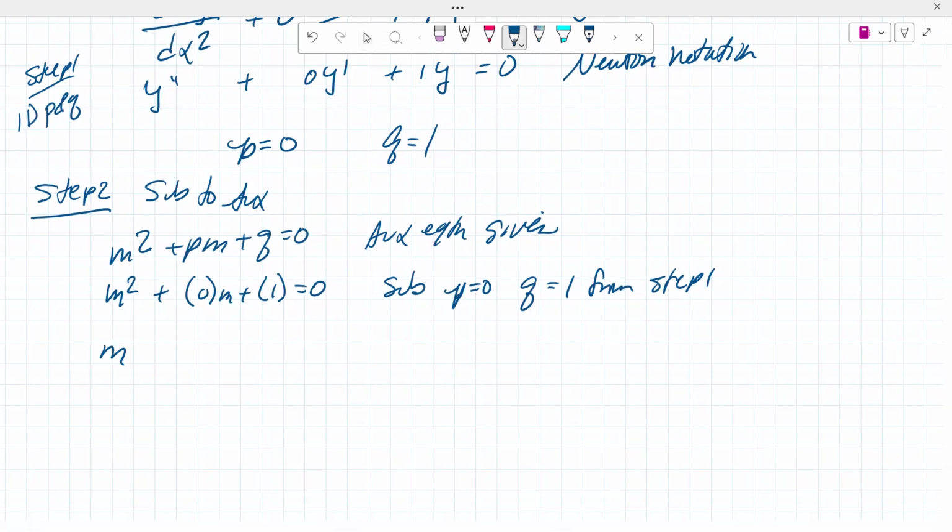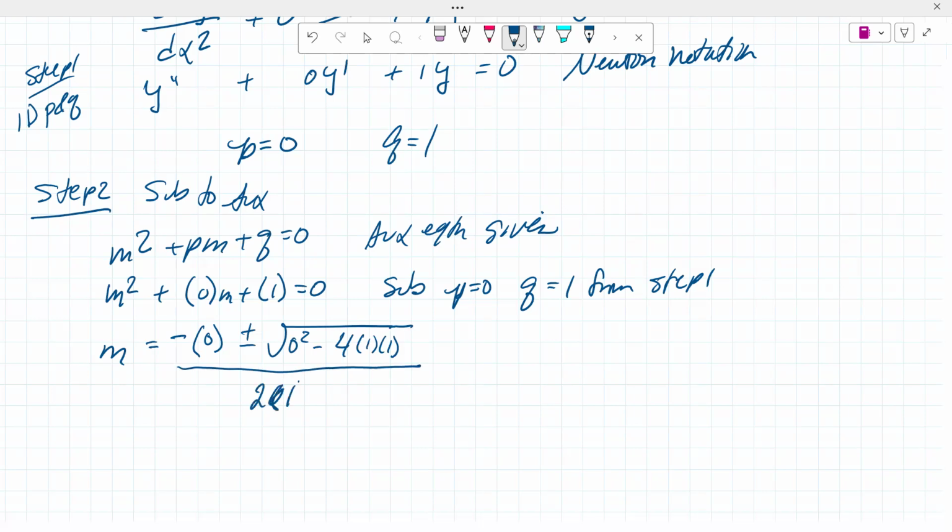Great. Next, we're going to put this into the quadratic formula. M equals negative b plus or minus square root of b squared, 0 squared, minus 4 times 1 times 1. The discriminant is going to be negative. This is how we recognize that there is a problem.